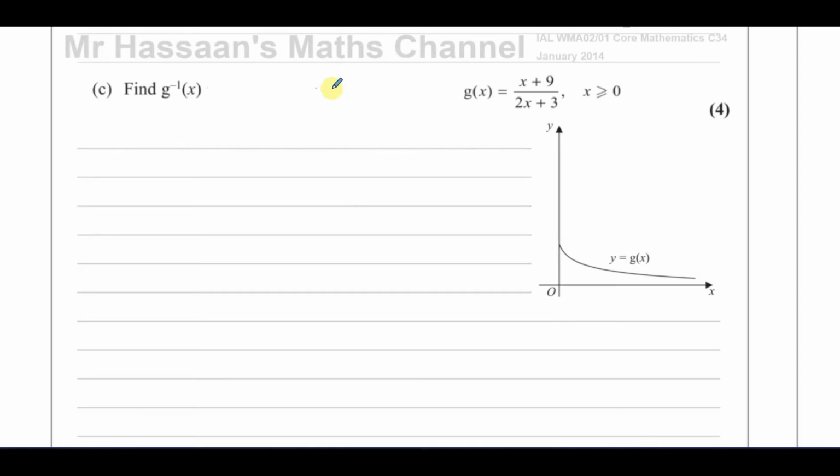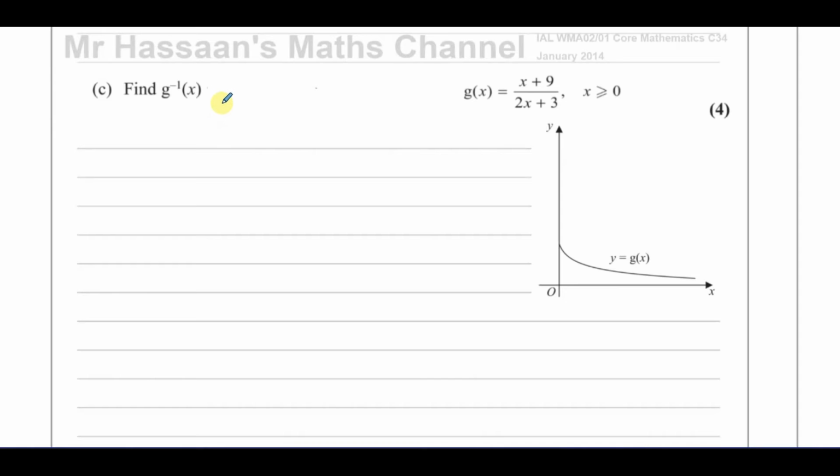All right. So many questions will give you, like this, find the inverse of function g without mentioning anything. If you just find the algebraic expression for the inverse without stating the domain, you could lose a mark or two. So you have to be very careful about that, especially in these new specification questions.